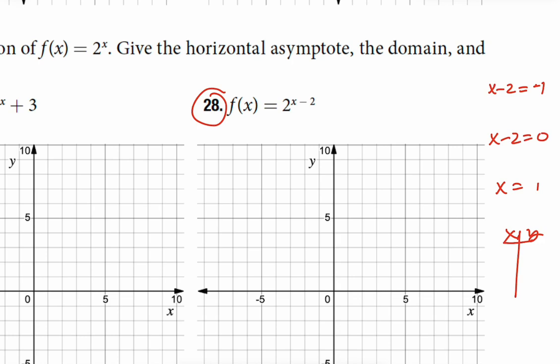All the other ones, plugging in -1, 0, and 1 will get you what you want. I need to see the horizontal asymptote for all of these. The only one that's a little funky is 28. You need to see where the x minus 2's are going to equal the 3 good points you want. That'll transform that for you, okay? But other than that, they should be pretty straightforward.